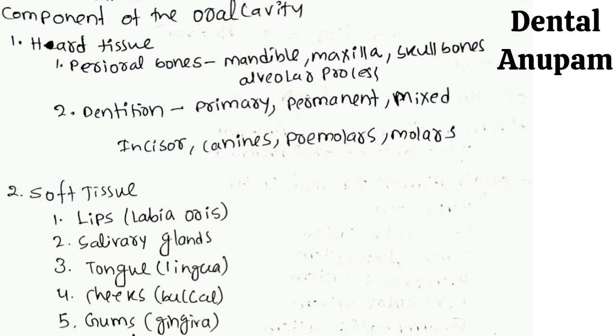They are 32 in number and are also called secondary or adult teeth. Third one is mixed dentition. Mixed dentition occurs when both primary and permanent teeth are present, usually between the ages of 6 and 12 years.